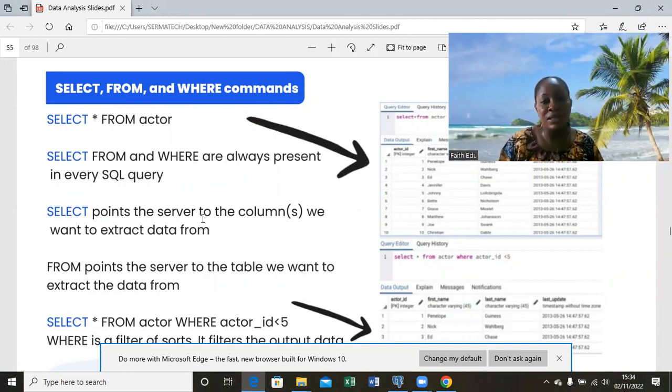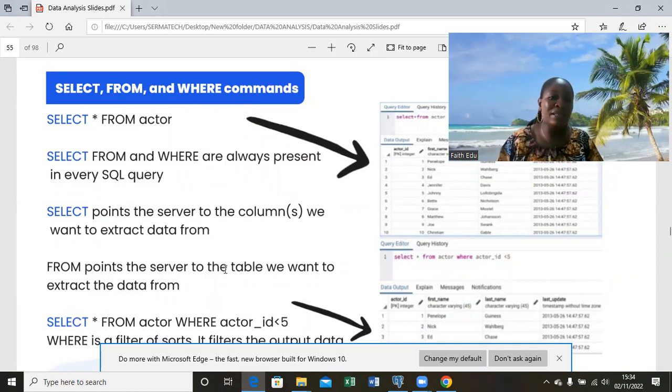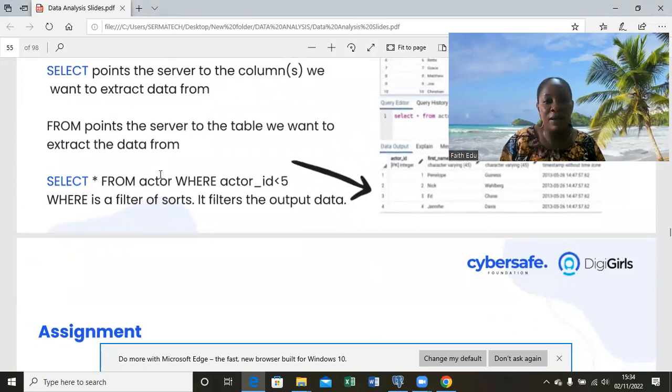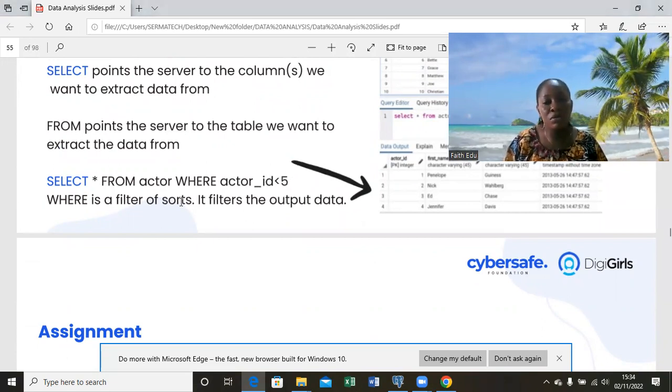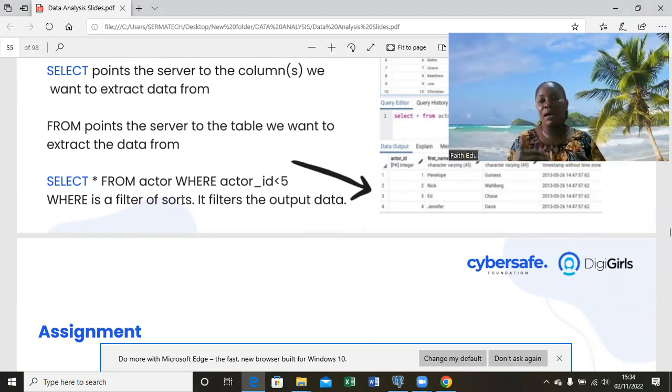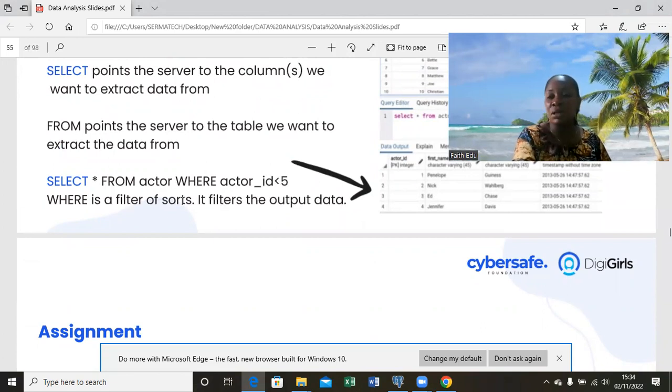SELECT points the server to the column we want to extract data from. FROM points the server to the table we want to extract the data from. Now, SELECT star FROM actor WHERE actor_id is less than 5. WHERE is a filter of sorts.